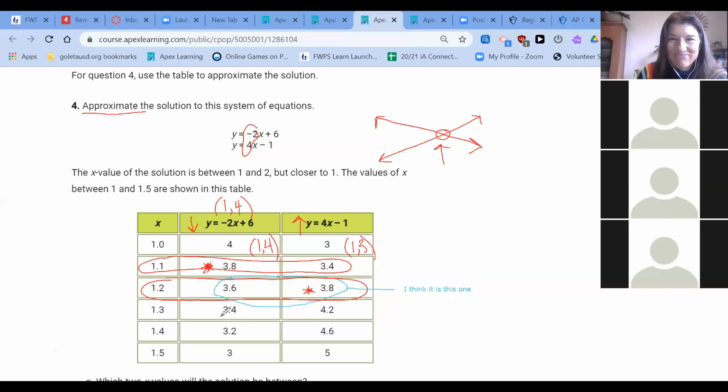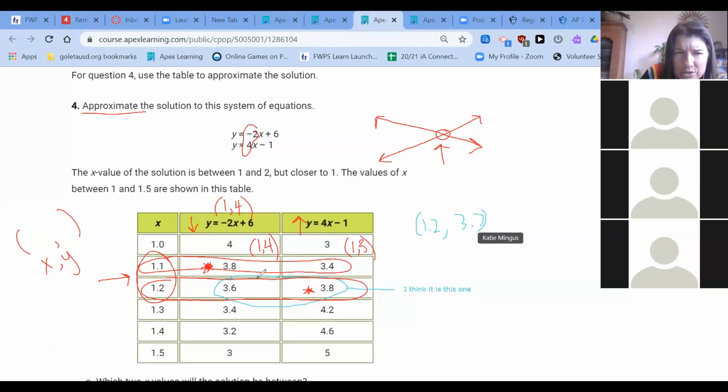So it's about 1.2, 3.7. Good. So the question is to approximate where it will happen. So it's going to happen in between 1.1 and 1.2 for x. Okay. So x will be between 1.1 and 1.2. And tell me again what you approximated the y value to be, Katie.